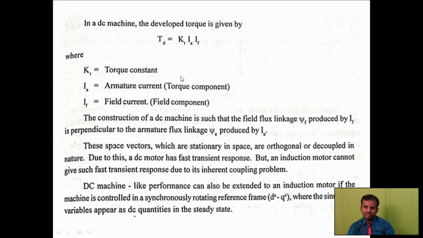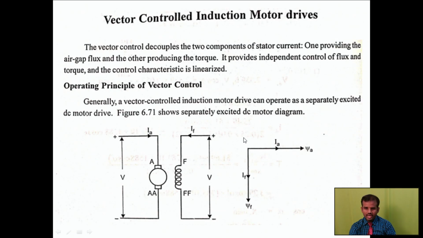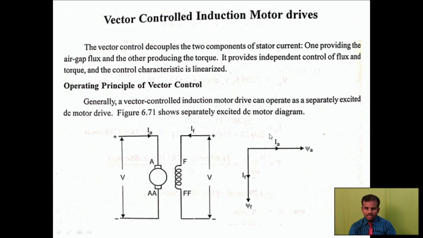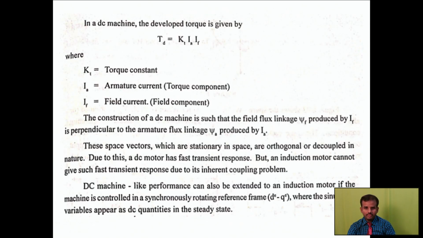In a DC machine, the field flux linkage psi F is produced by the field current IF, and perpendicular to it is the armature flux linkage psi A, which is produced by IA. So these two flux linkages have a phase difference of 90 degrees.